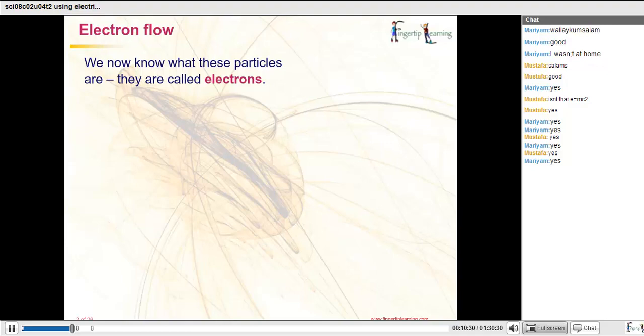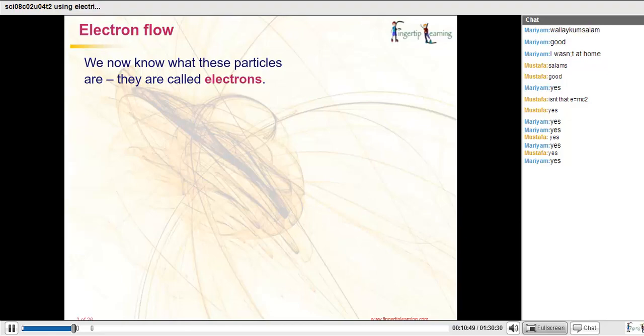But now, after so much research, we know that these particles are actually electrons. They have a negative charge. What they thought in those days was positive, going from positive to negative. That is known as the conventional current.